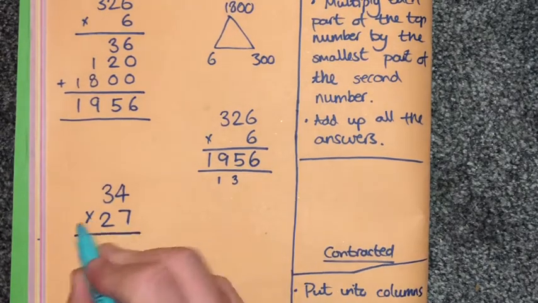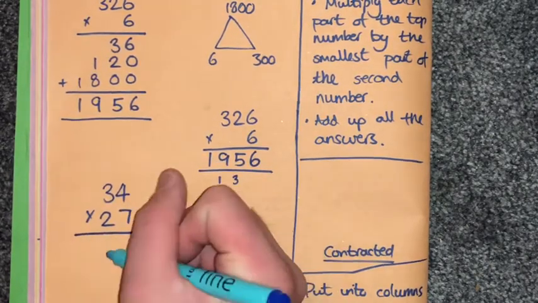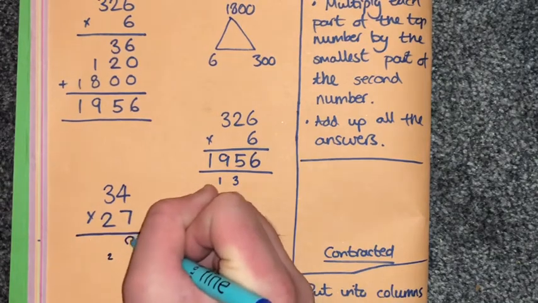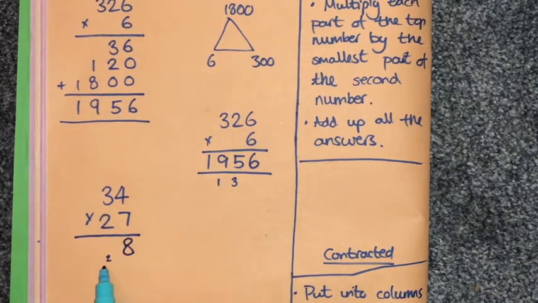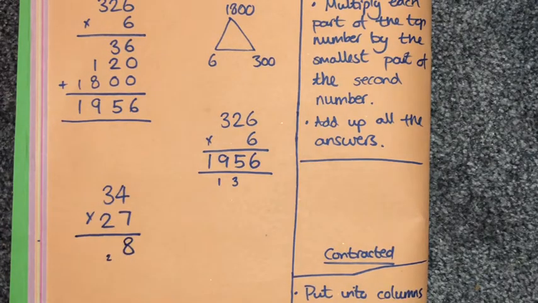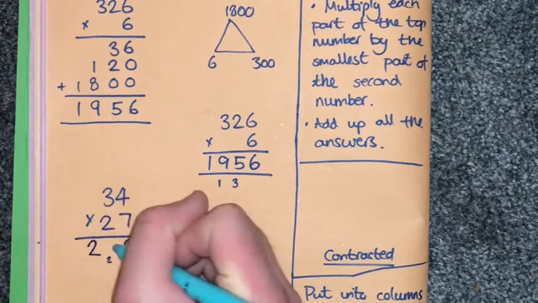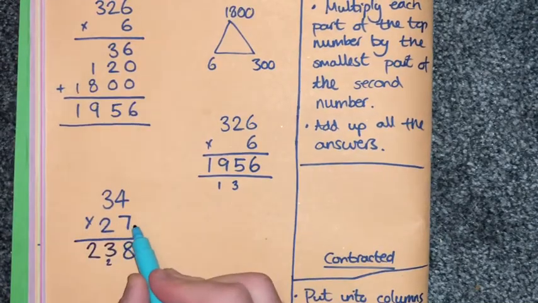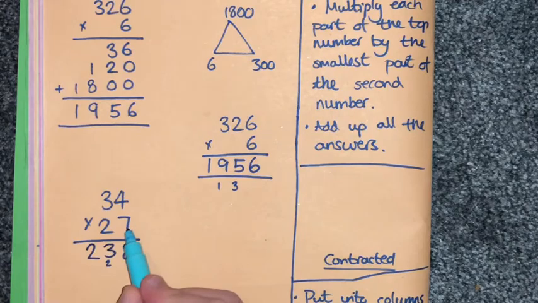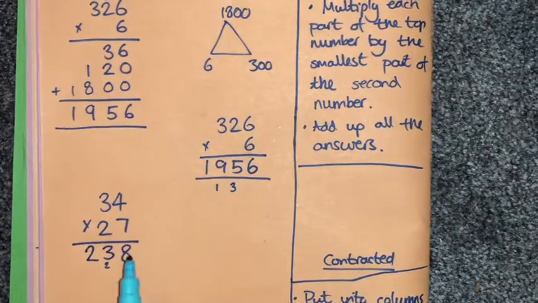So we're going to do 7 times 4, which is 28. So I do my little 2 and carry my 2 of the 20 in the 28. Then I'm doing 7 times 3 tens, which is 21 tens, plus those 2, so it is 23 tens. So I've multiplied 34 by 7 is what I've done here.